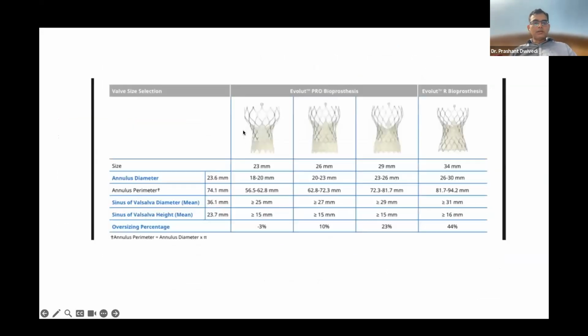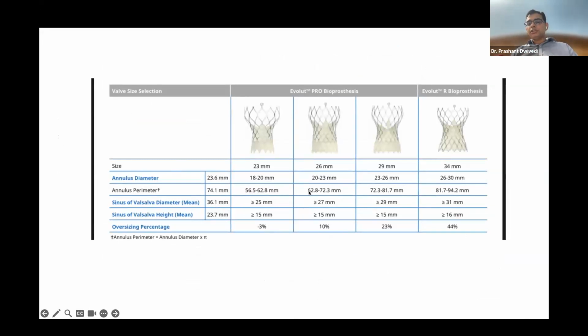Now what about the self-expanding valve? For the self-expanding valve, as I told you, the perimeter and the perimeter derived diameter are the determining factors which govern what size of valve should be used. So it all depends on the perimeter. If the perimeter is between 56.5 and 62, then it will be a 23 millimeter valve.